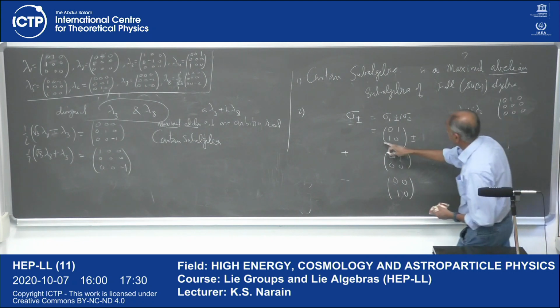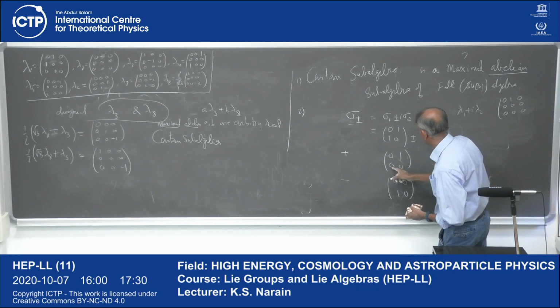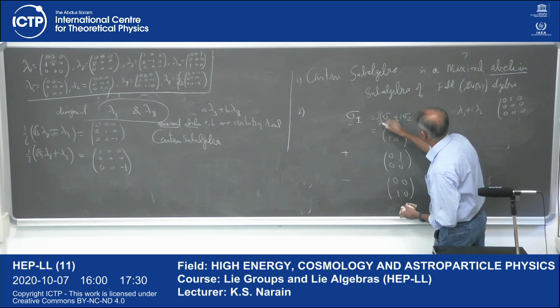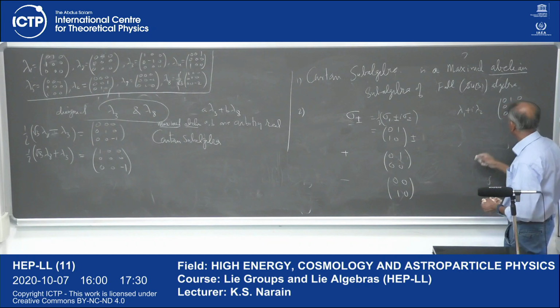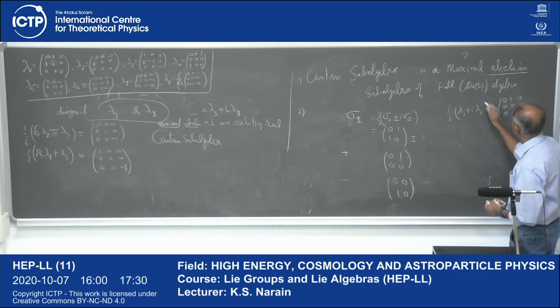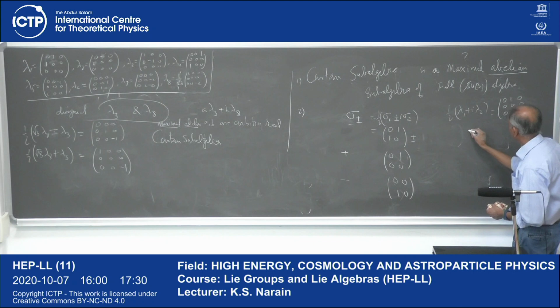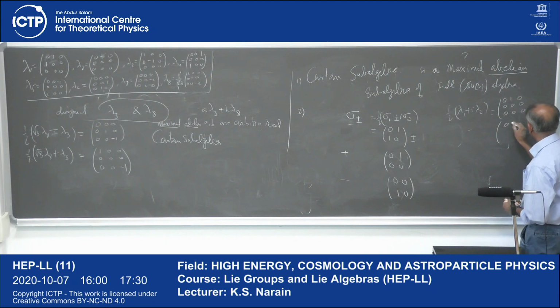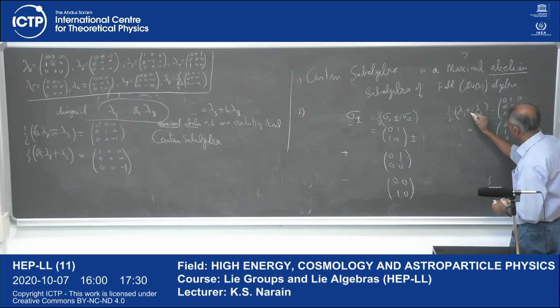Maybe there is a factor of 2 here, so let me divide like that, so that the 2 disappears. And similarly, if I choose a minus sign here, it's going to be 0, 0, 0, 1, 0, 0, 0, 0, 0.